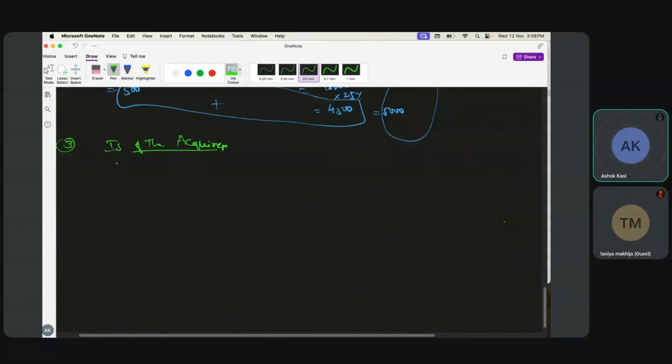So it is sales 10,000, cost 5,000, profit.